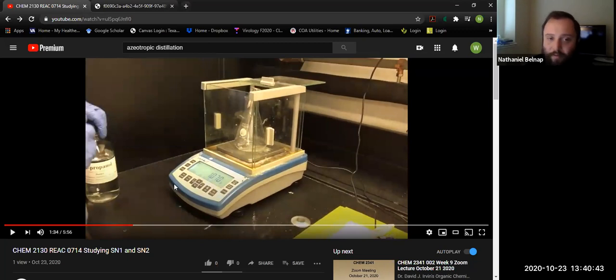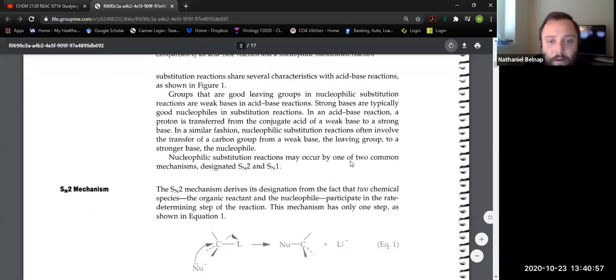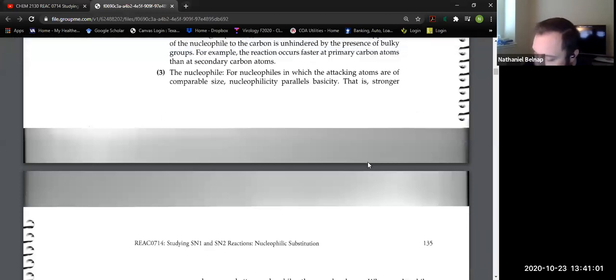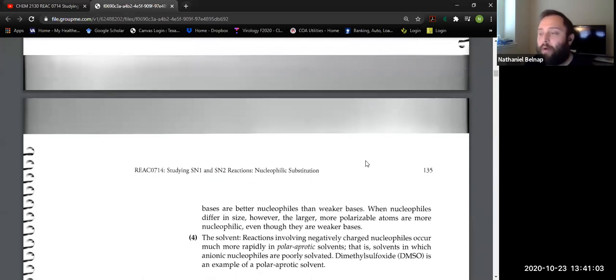So yeah, 1.07, right? And so we have to convert this to moles, right? So is there a value that we're given that will allow us to convert it to moles? And basically what we're trying to do here is determine what our limiting reagent is between the 1-butanol and the hydrobromic acid.